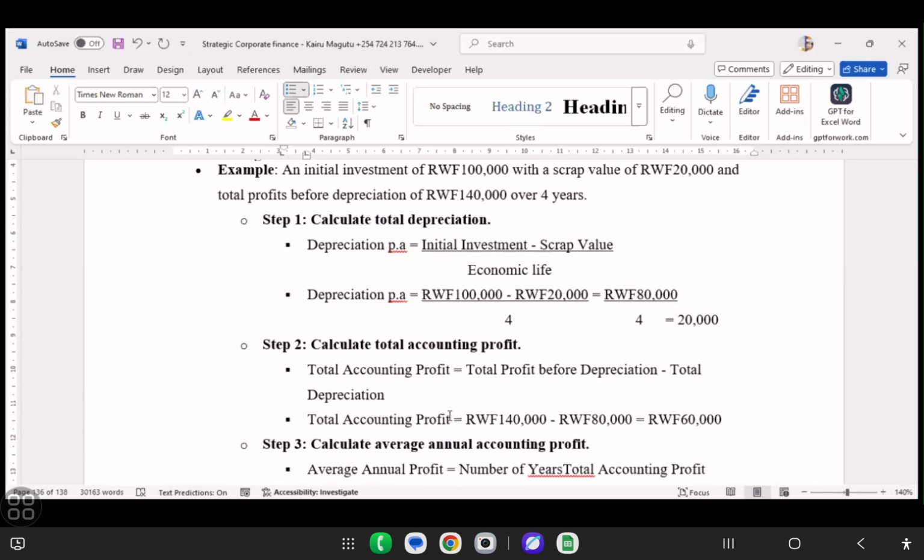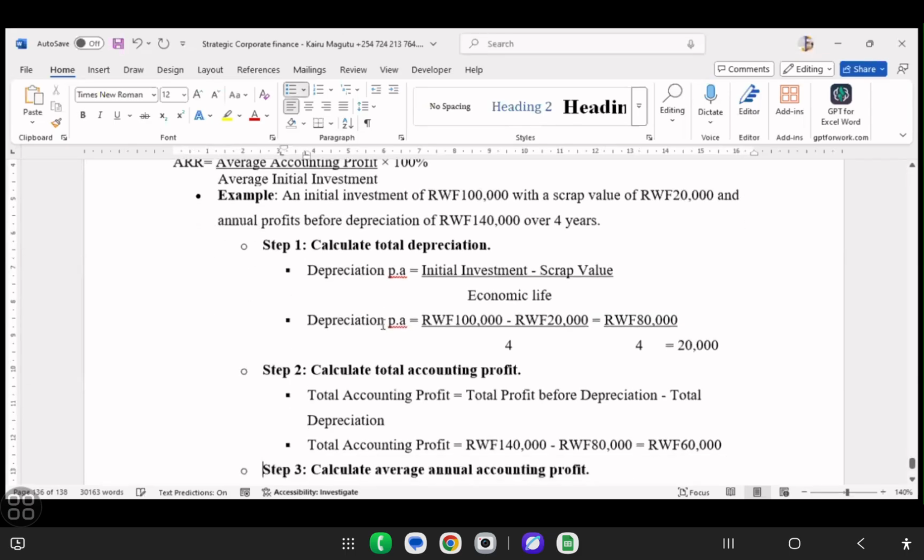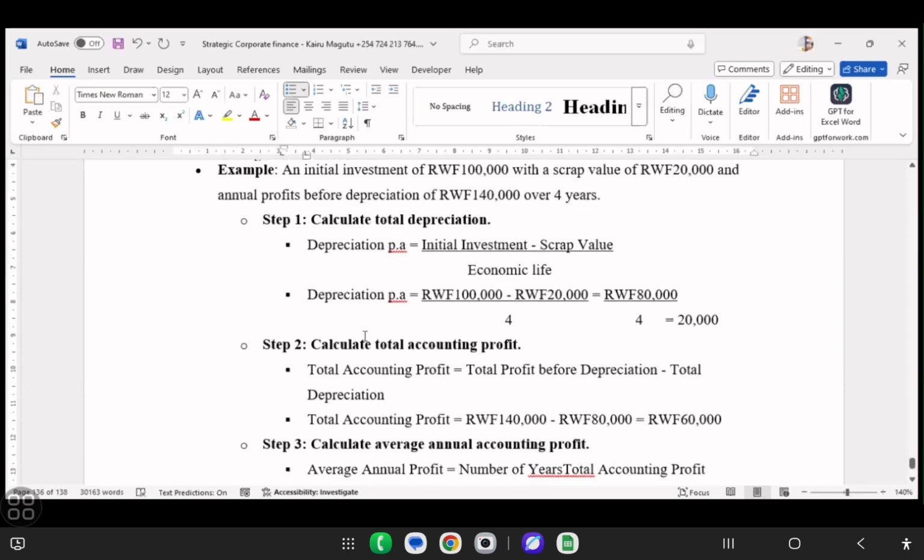Total accounting profit. When you go to the question, what are we told in the question? Profit before depreciation, an initial investment of 100 and scrap value of 20. Let me change the word total and use the word annual. Annual profit before depreciation of this much. So how much is the annual accounting profit?